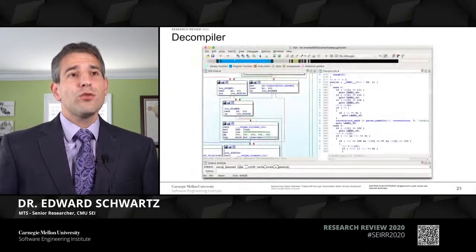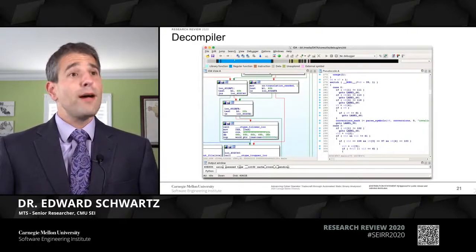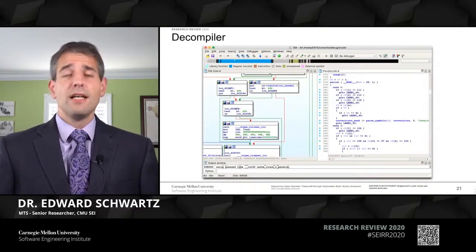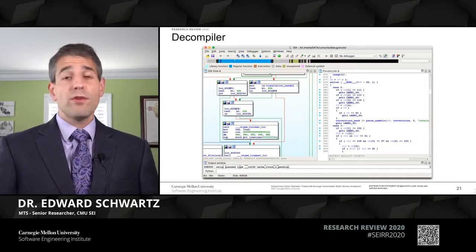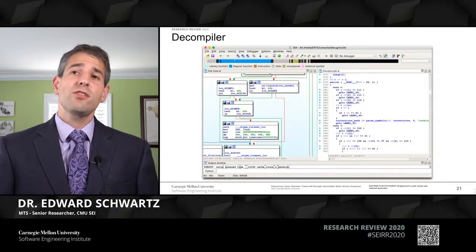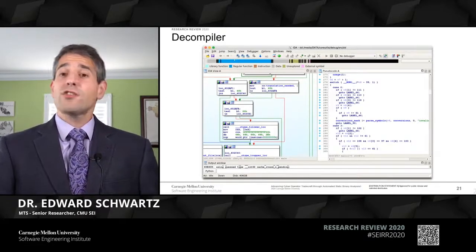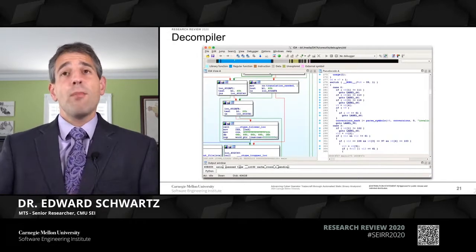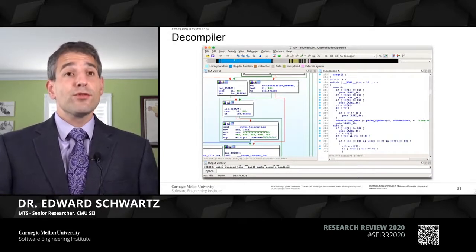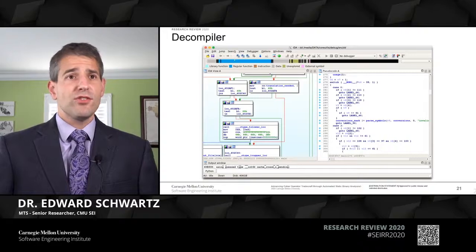So a more recent trend has been the use of decompilers in reverse engineering. A decompiler tries to reverse the compilation process. As an input, it takes an executable, and as an output, it produces high-level source code, usually in a language such as C.